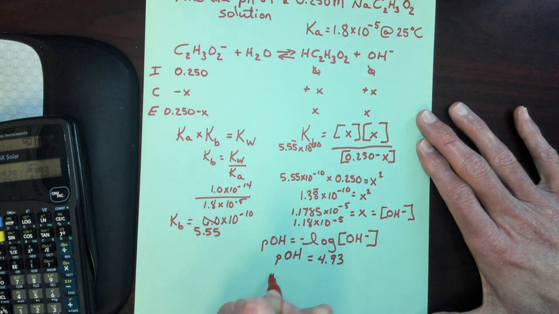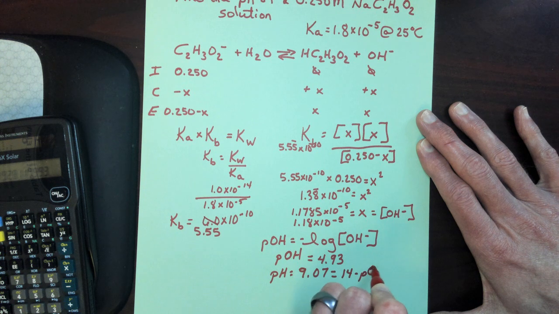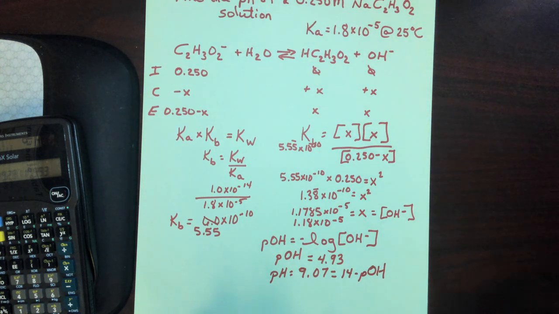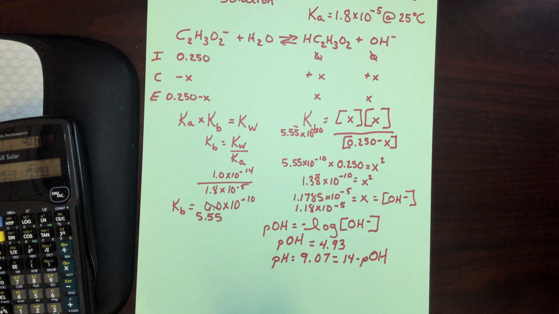Okay, so my pH is then equal to 9.07, because remember that's 14 minus pOH. Okay, so far so good. And I've got my pH here at 9.07, showing in the basic range.